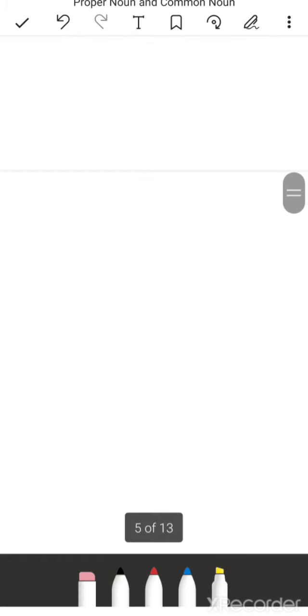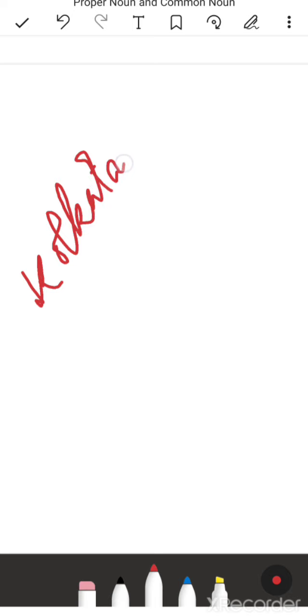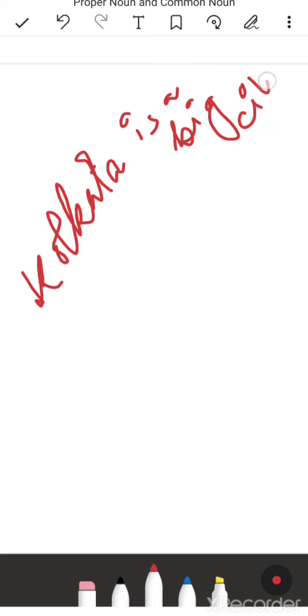As I told you, the name cannot be shared by all. Suppose I say, Kolkata is a big city. In the same way, we can say Lucknow is also a big city.